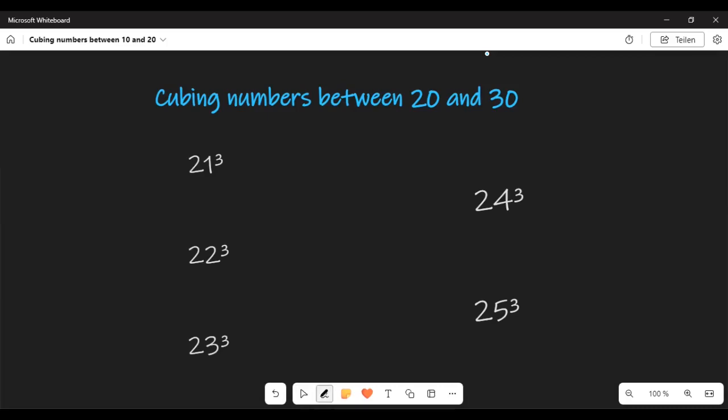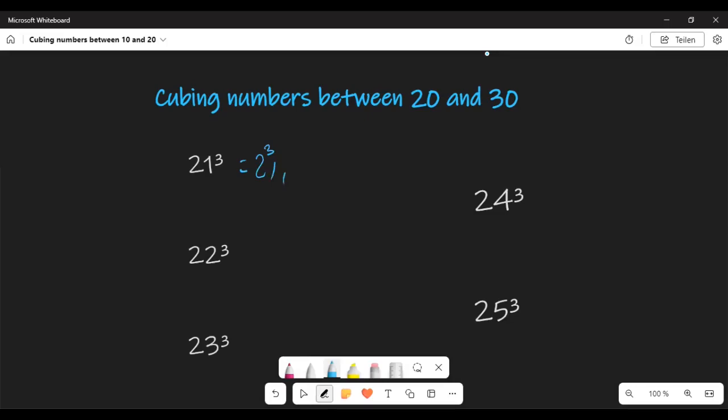Like I said, the first thing we're going to do here, the value of 2 is going to go down. First of all, we're going to have 2 cubed. And in this case now 1, multiplied by 1.